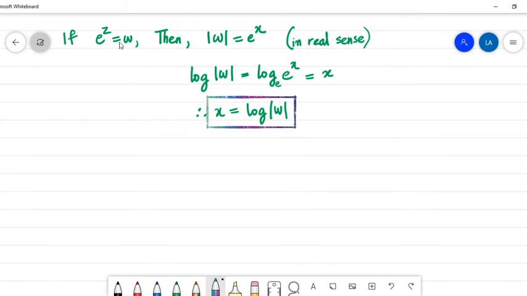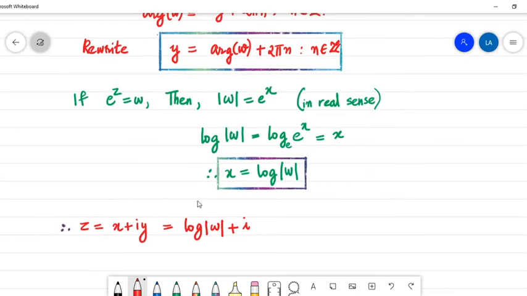So that will mean z, which is equal to x plus iy, is equal to log of mod w plus i into, just look what y is, i into argument of w plus 2 pi n, where n is varying in the set of integers.